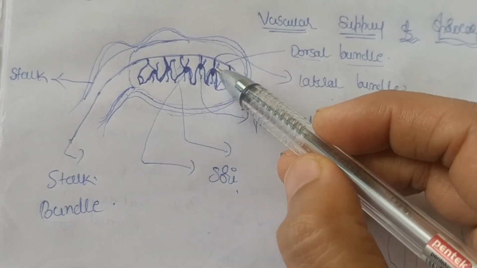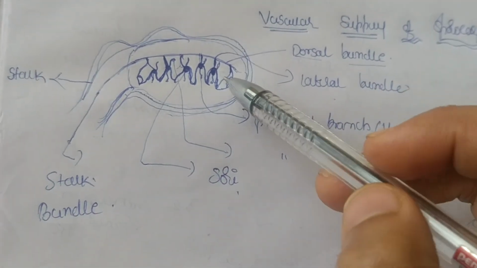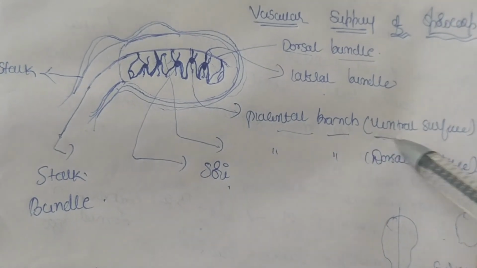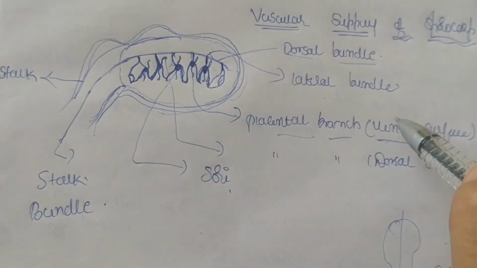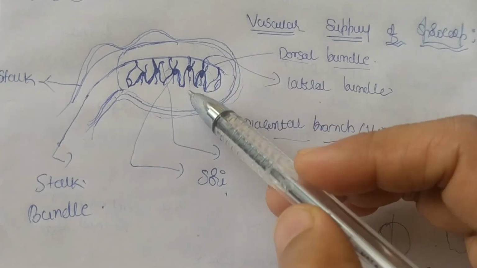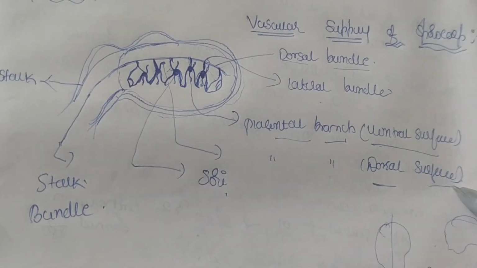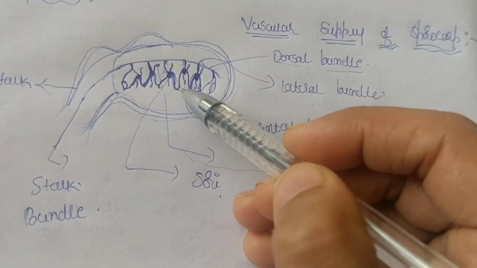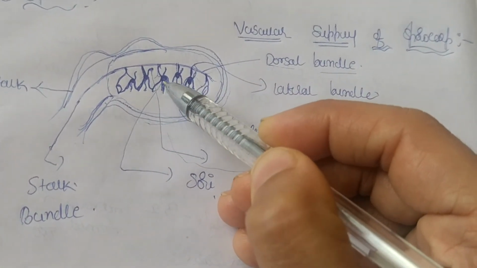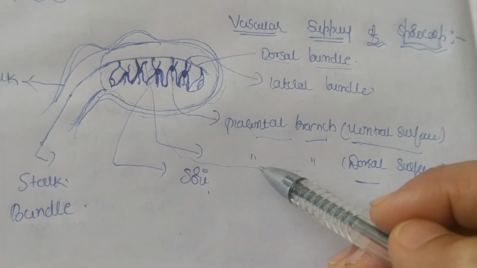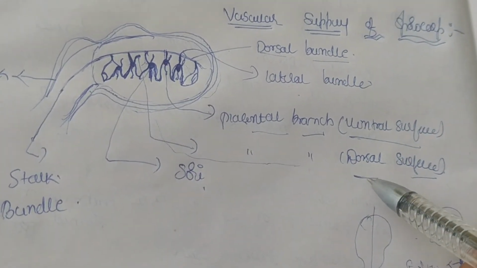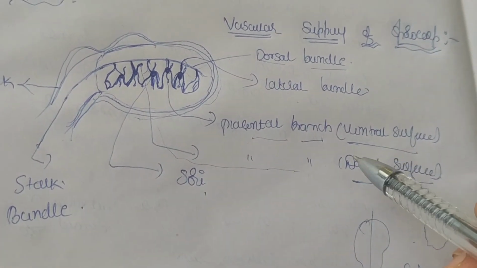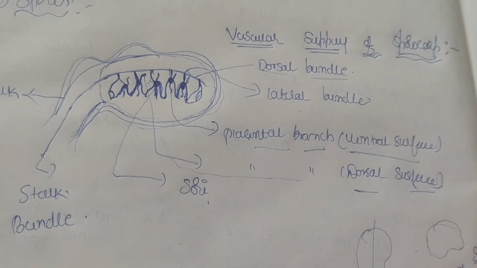Now the placental bundle which runs on the ventral side is called the ventral placental bundle, and the placental bundle which runs on the dorsal surface is called the dorsal placental bundle. This is the dorsal one, this is the ventral one. This thread is ventral, this is dorsal placental bundle.